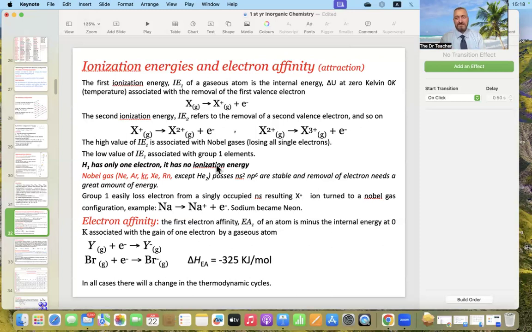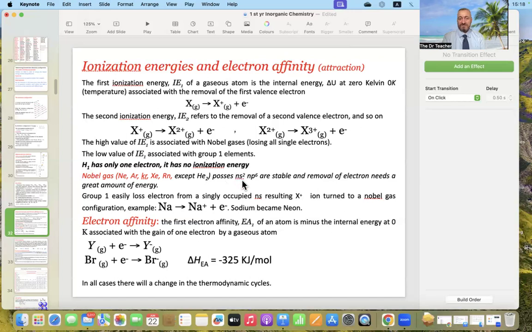And this can't happen because of the first principle law in chemistry: matter cannot be destroyed or created from nothing. So you would destroy the hydrogen if you took 1 electron from it. So that cannot happen.